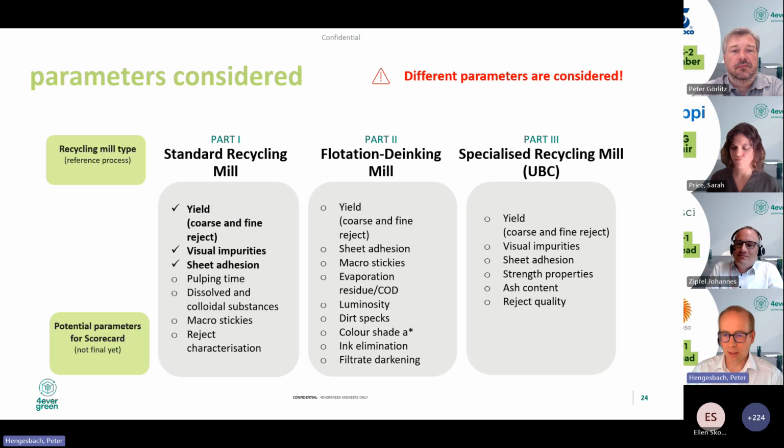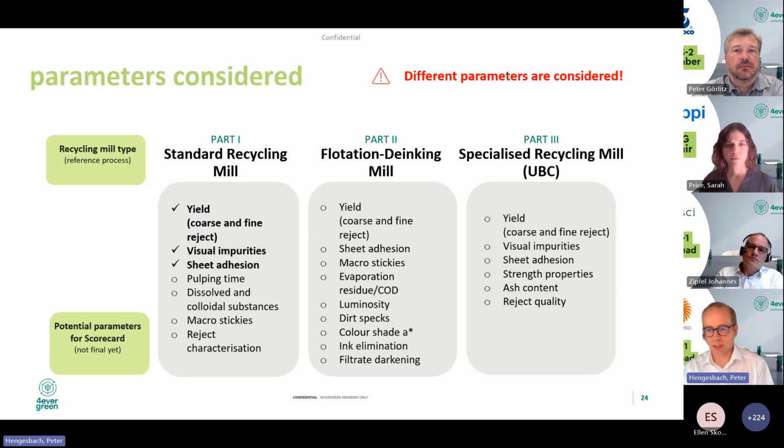This is something we are currently discussing: how to include them in the next version of the evaluation protocol. These are the potential parameters you see here on the slide, which potentially affect the recyclability and should therefore be considered for the evaluation protocol and the scorecard calculation.